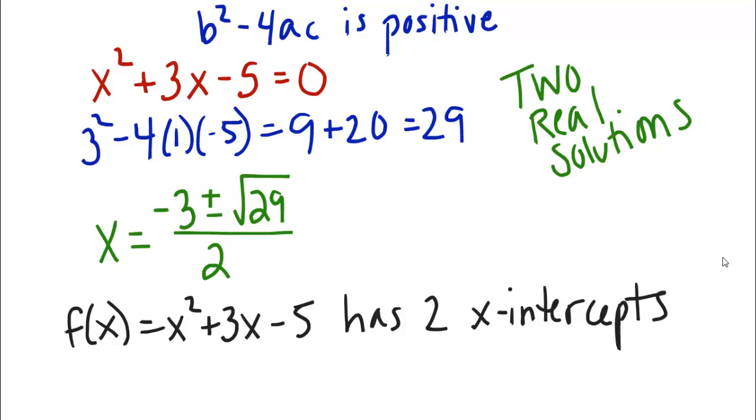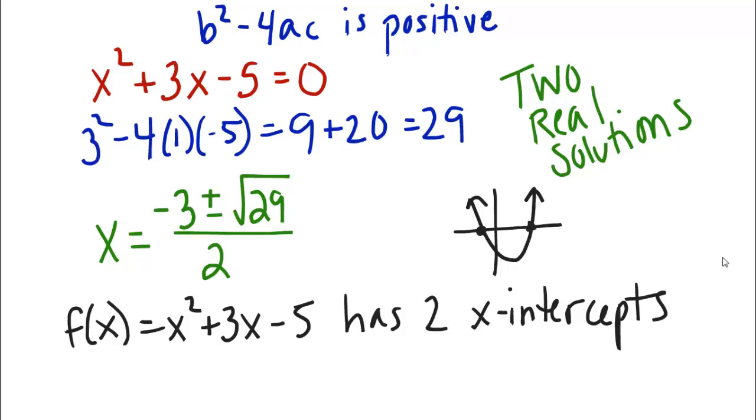And I know where they are: negative 3 plus root 29 over 2 and negative 3 minus root 29 over 2. So that might look something like this. I just know it's going to cross the x-axis twice, and neither of them are nice values. The root 29 tells us that they're real, but not the greatest numbers.